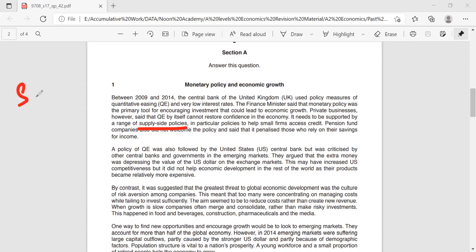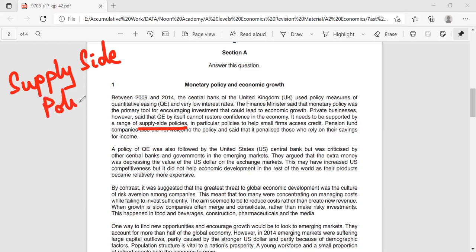Supply side policies are any initiatives by the government that increase your production potential, like giving subsidies, giving tax holidays to businesses, right, to facilitate them so that they can produce more. The private sector wants the government to focus on supply side policies, right? Does it make sense?